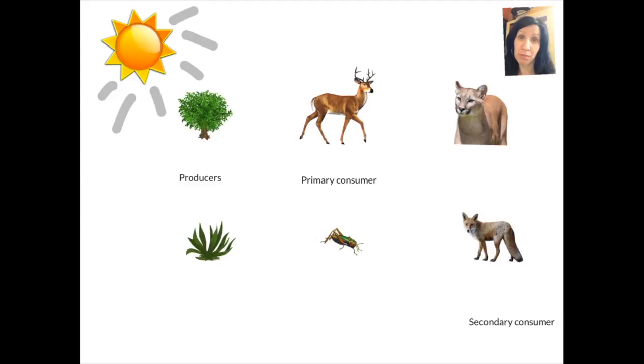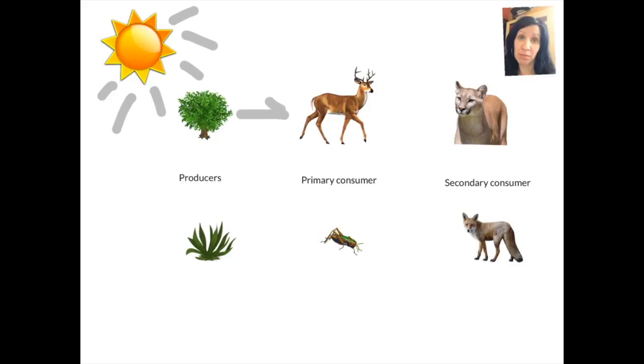The consumer that eats the primary consumer is called a secondary consumer, or second eater. In these chains, we have a cougar and a fox who are secondary consumers, although they may be a different type of consumer if they eat other animals within the food chain, depending on when they eat. Food chains can also have tertiary and quaternary consumers who would be the third or fourth eaters in a food chain. Now we use arrows to show the flow of energy between the organisms.